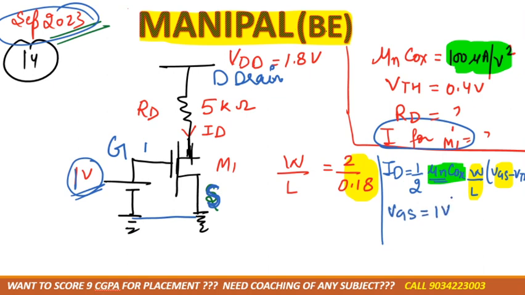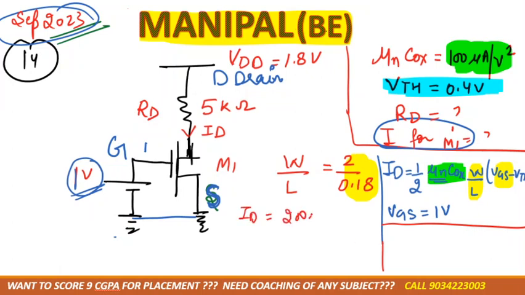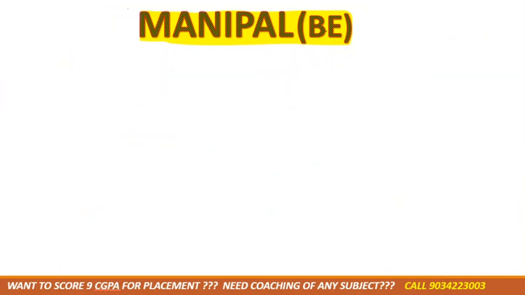Okay. Now VTH is the threshold voltage, that is also given, 0.4. Do it and then tell me the answer. So after solving we'll get ID equal to 200 microampere. In the next case we need to calculate RD, the drain resistance. So for that we need to use VDS is equal to VDD minus ID RD, right?